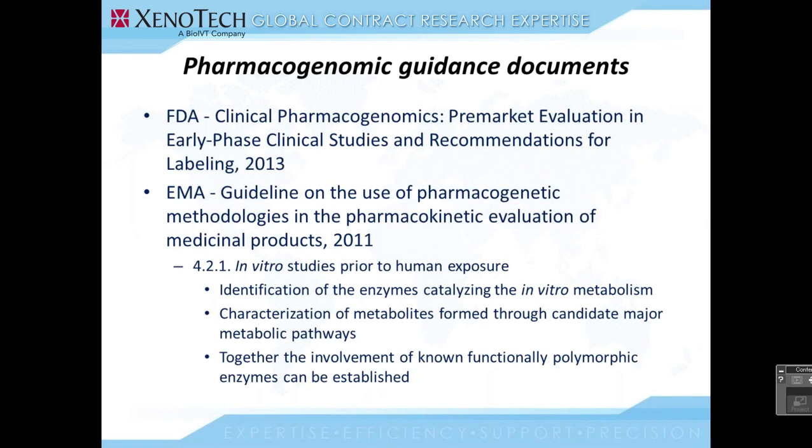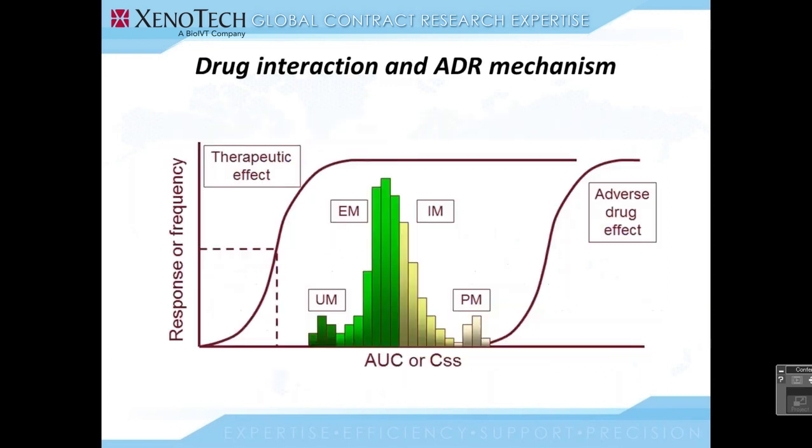The third point addresses actually the heart of the problem, that is being aware of existence of high-risk subpopulation of patients and being able to define these populations in terms of genetic polymorphisms.